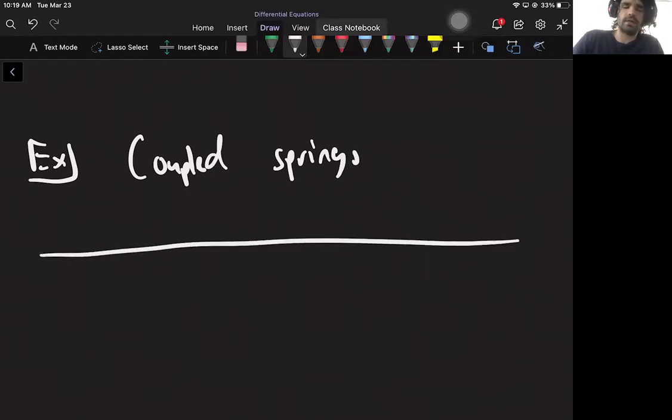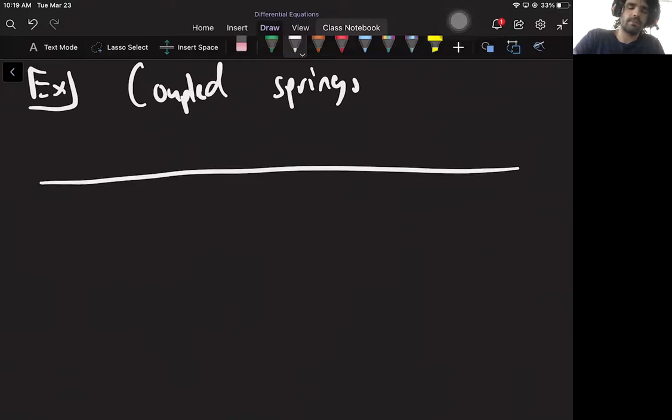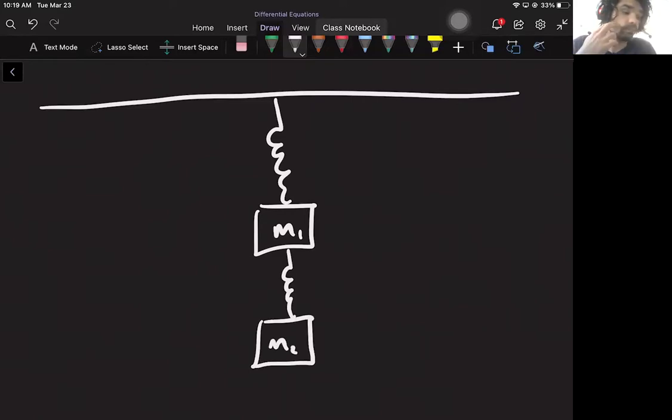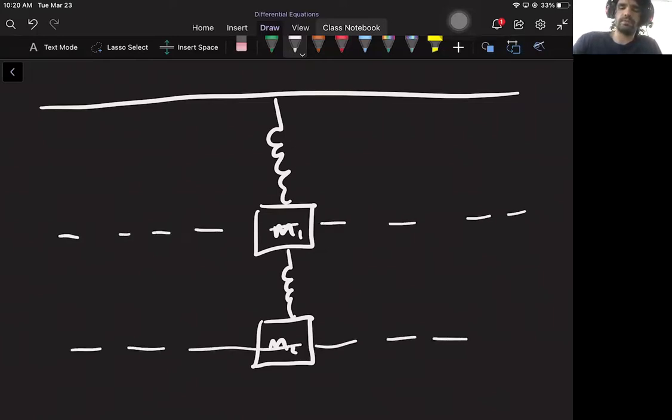So the idea is that instead of just having one spring hanging down like this with one mass, we are going to have a second one sticking out from that one. And then just like before, it's just resting at equilibrium, but now there's two equilibriums.